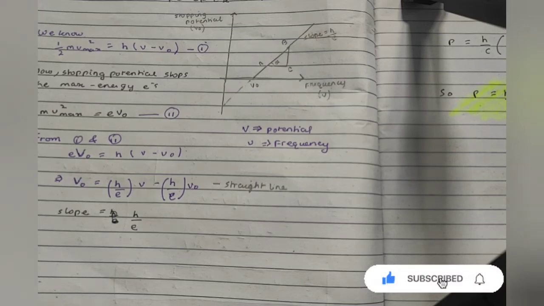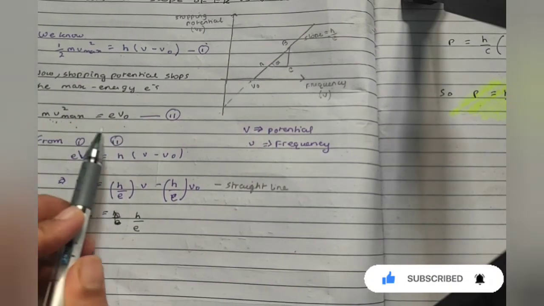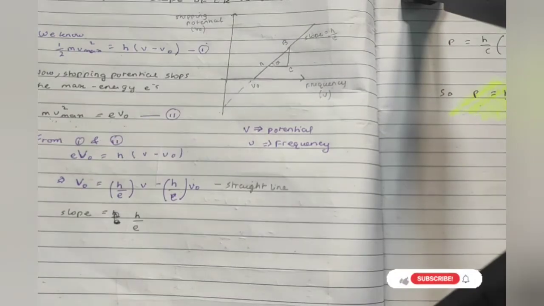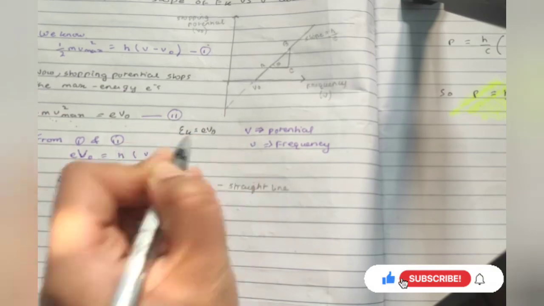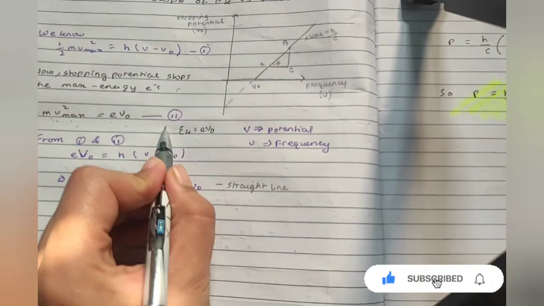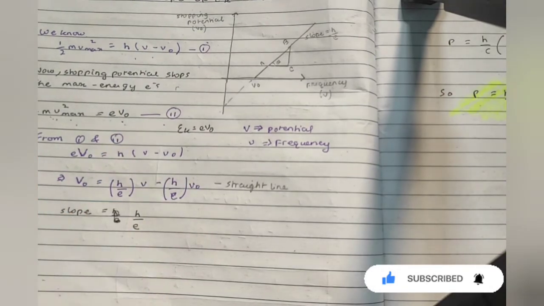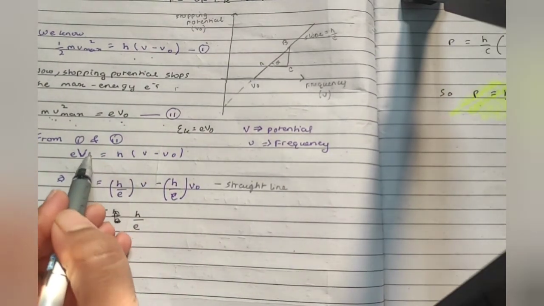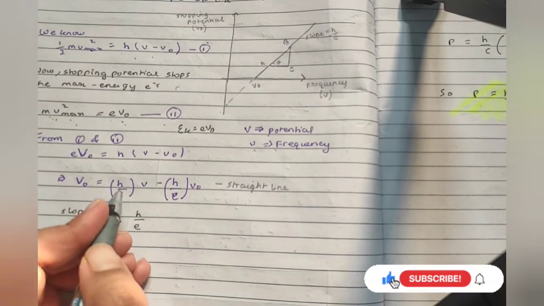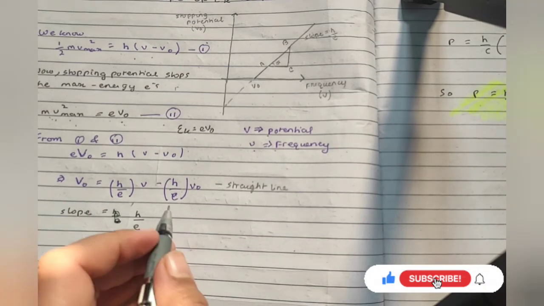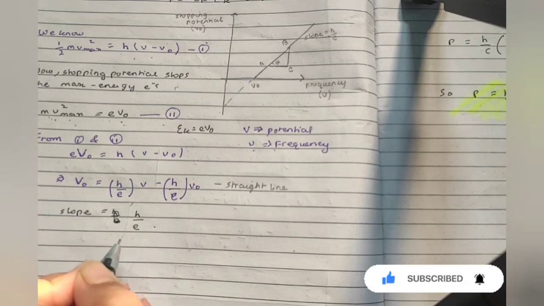So all the kinetic energy, half m v max whole square, is equal to eV naught, right? EK equals eV naught. So from 1 and 2 we can say that h into v minus v naught is equal to eV naught. But remember, this is a capital V because this is potential, and small v is frequency. So V naught is equal to h by e into v minus h by e into v naught, and h by e will be the slope.